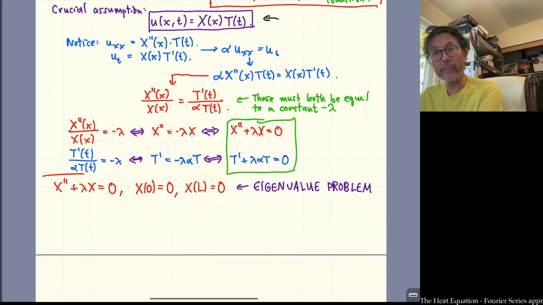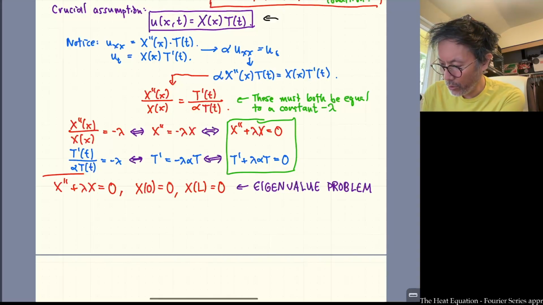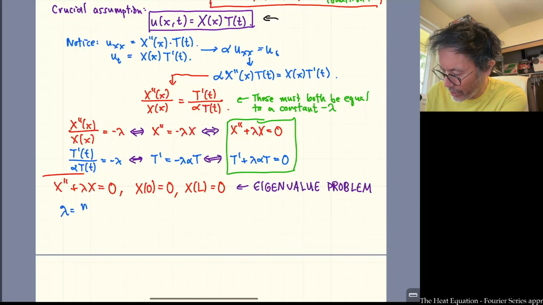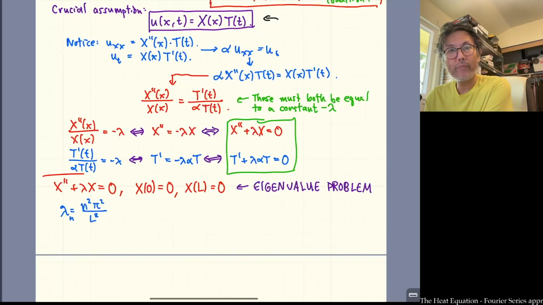And the fact is, and you can check this yourself, that the solutions to this, I'm just shoving this down your throat, are given by lambda equals n squared pi squared over L squared. I'm going to call this lambda sub n, to represent the nth eigenvalue. And the corresponding eigenfunction we're going to call X sub n.